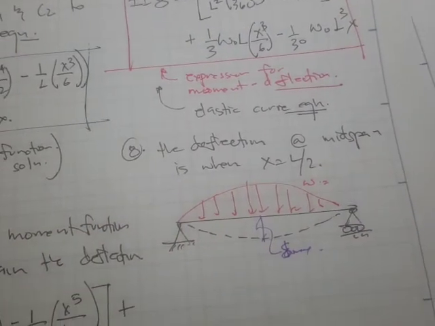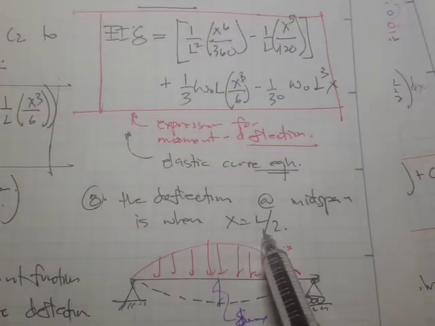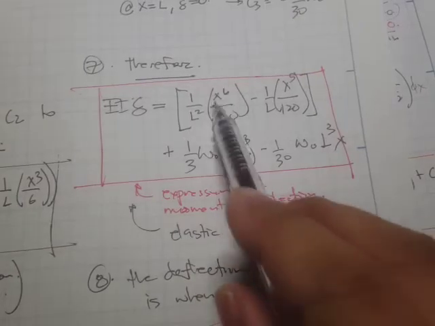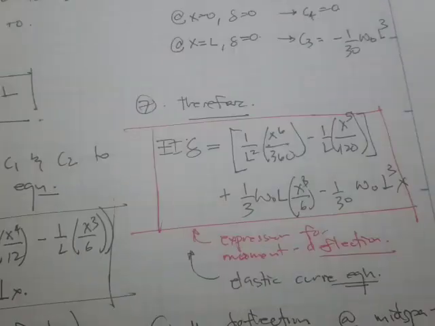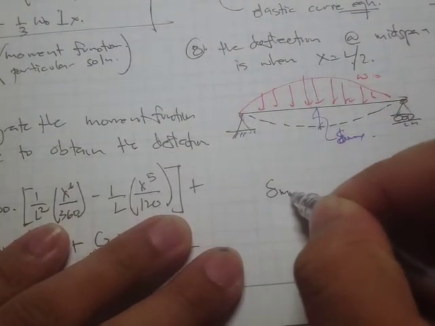Okay, so if we substitute this L all over 2 for all the x's right here, what we will get is this expression for the delta max.